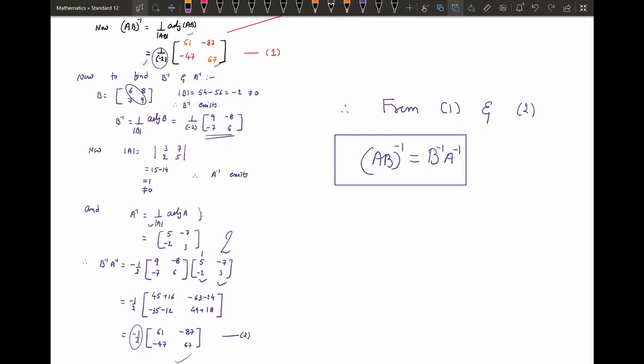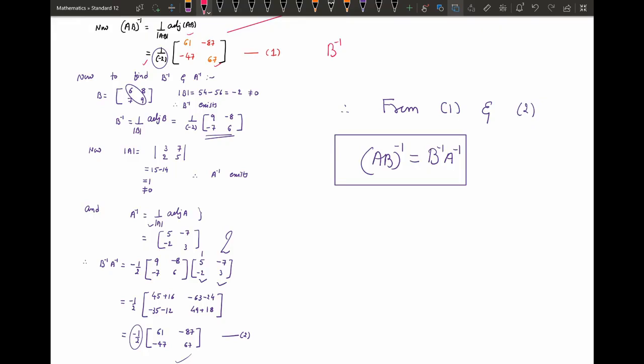Now to evaluate the right hand side, B inverse into A inverse. First we will find B inverse, then we will find A inverse, and then we will find the multiplication of B inverse into A inverse. Now for B inverse, first we have to check the condition of existence. For that purpose determinant B should not be 0.